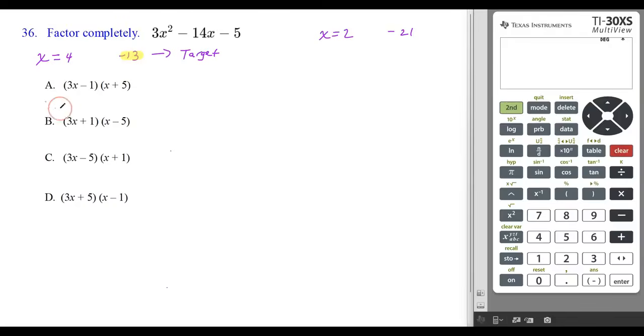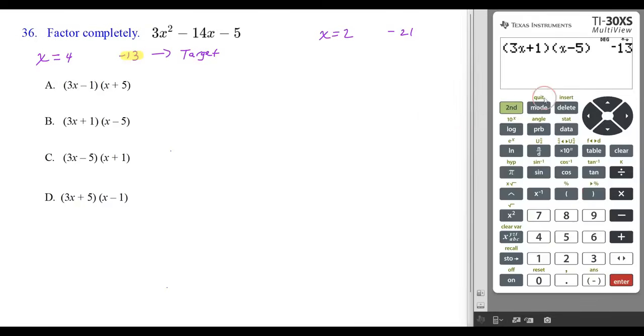Trust me, when I plug in A like I did prior, you will not get out a negative 13. You can do that if you want to. Let's go to B again. Watch what happens here. It's kind of cool. I'm going to plug in B, parenthesis 3x plus 1, then x minus 5. Hit enter and check it out.